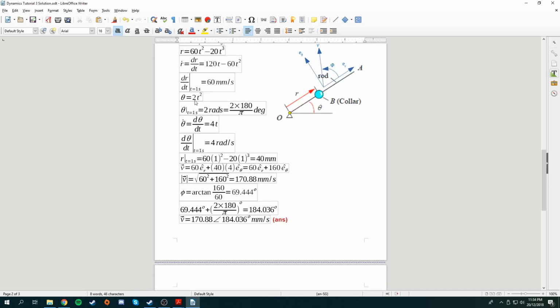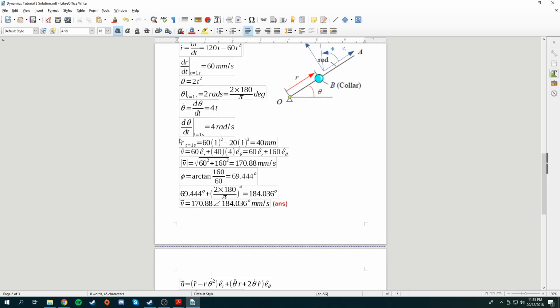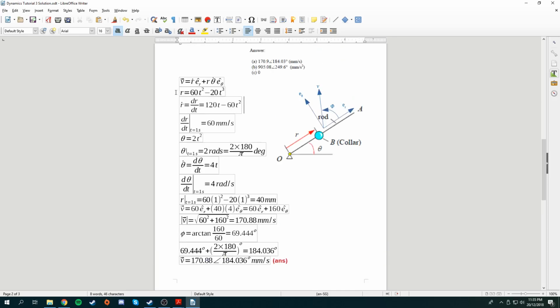Then I'll differentiate 2t squared, which is theta, and I'll get 4t, and that will be theta dot. Again, I'll evaluate this at t equals 1 second, and that will be 4 radians per second. So now I know that I have this r equation given to me, and I can very simply evaluate it at t equals 1 second to find out this to be 40 mm.